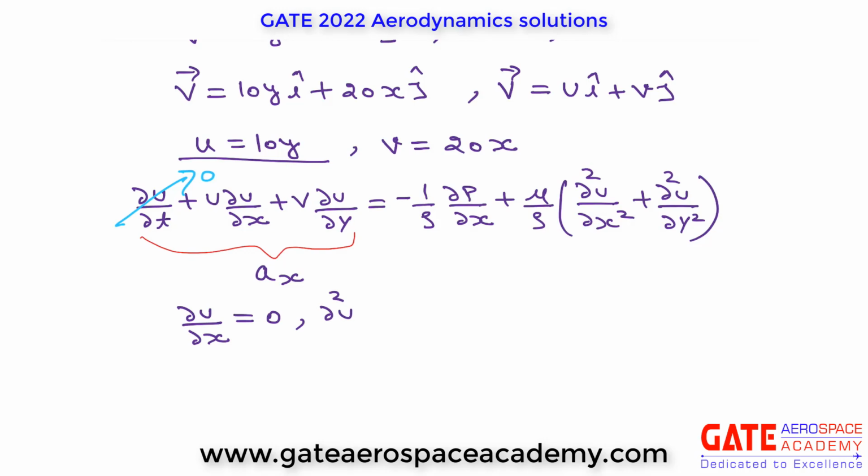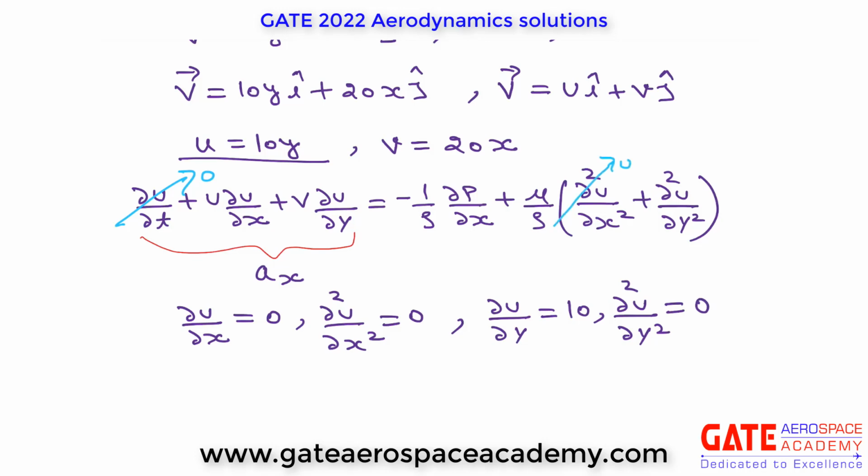Dou square u by dou x square, 0. What about dou u by dou y? That will be 10, and dou square u by dou y square is equal to 0. Means this is 0, this part also 0.